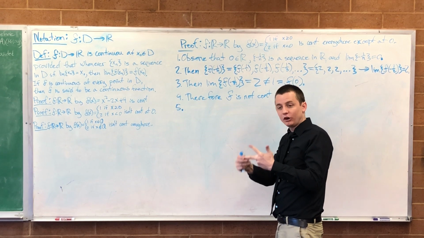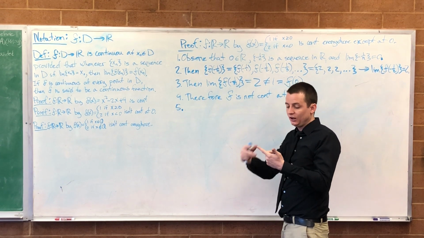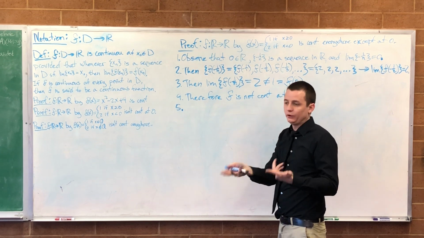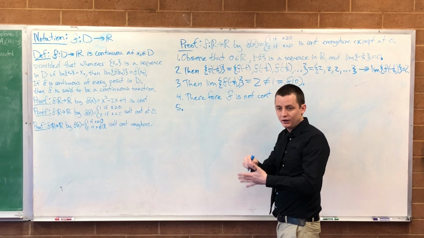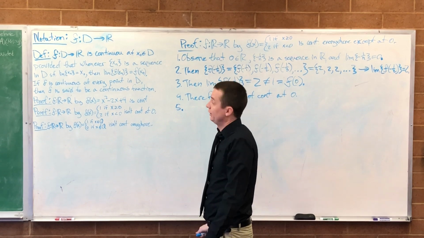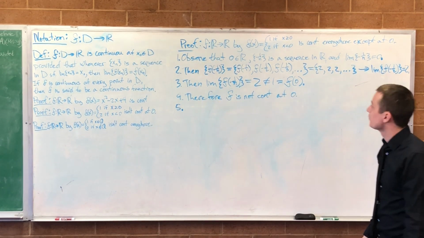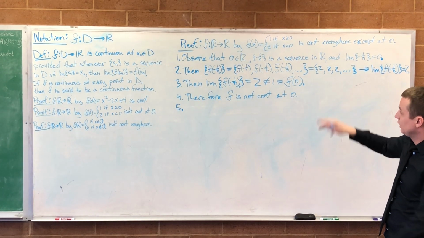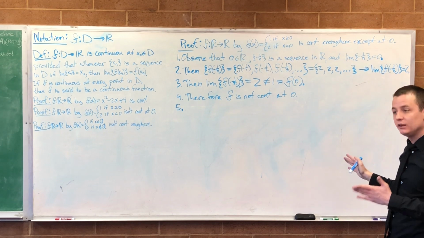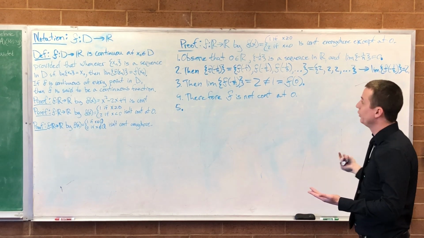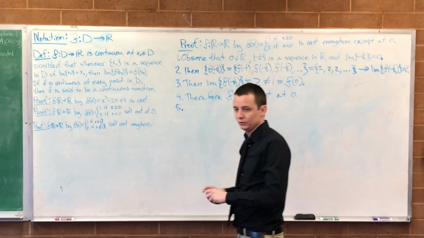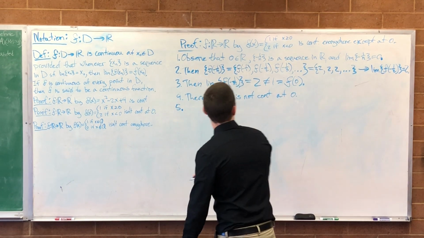If it's continuous at all points, we call it a continuous function. If it's only continuous at some points, we just say it's continuous at whatever points it's continuous at. And if it's not continuous at any points, then we say it's not continuous anywhere. So this is a function. It is not a continuous function, but it is continuous at every point except 0. So it's almost a continuous function, if you want to think about it that way.